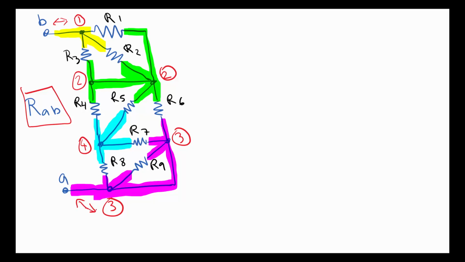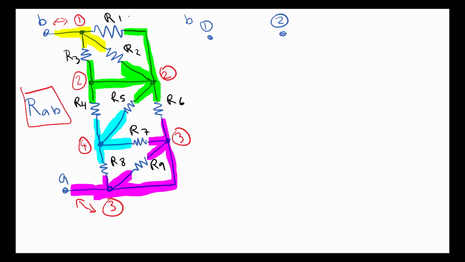So now let's redraw this circuit in a way that we can identify what's in parallel and what's in series. Let's start off with node 1. Let's say we got node 1 here, and we know that that's node B. Now let's identify node 2 and see what's connected between them.